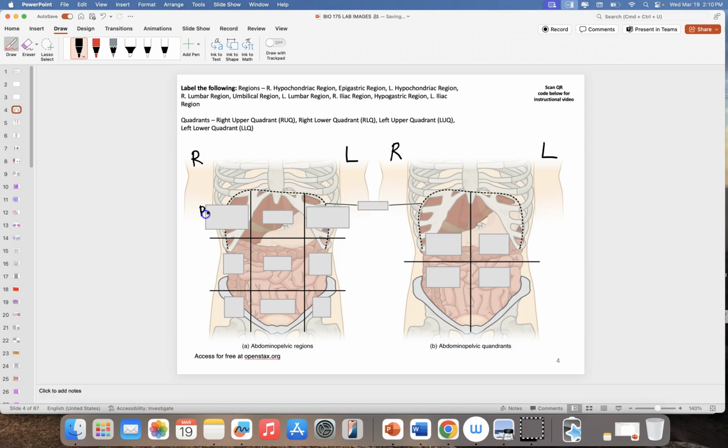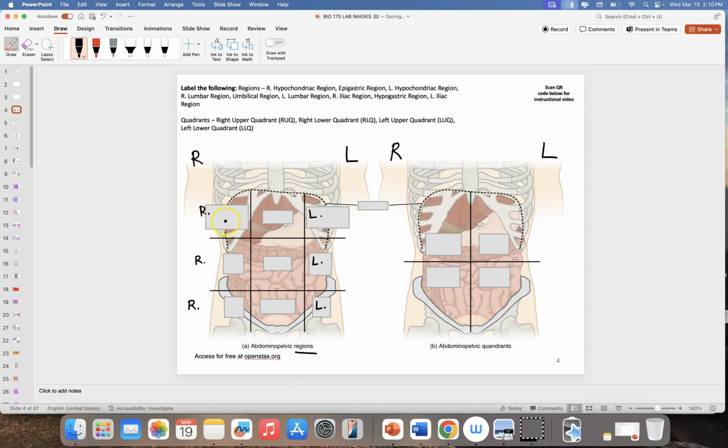That means that this is going to be my right side regions over here, and then my left side regions are going to be over here. All of these are abdominopelvic regions. I'm just going to put the names because I don't have a lot of room to write out the term region as well.